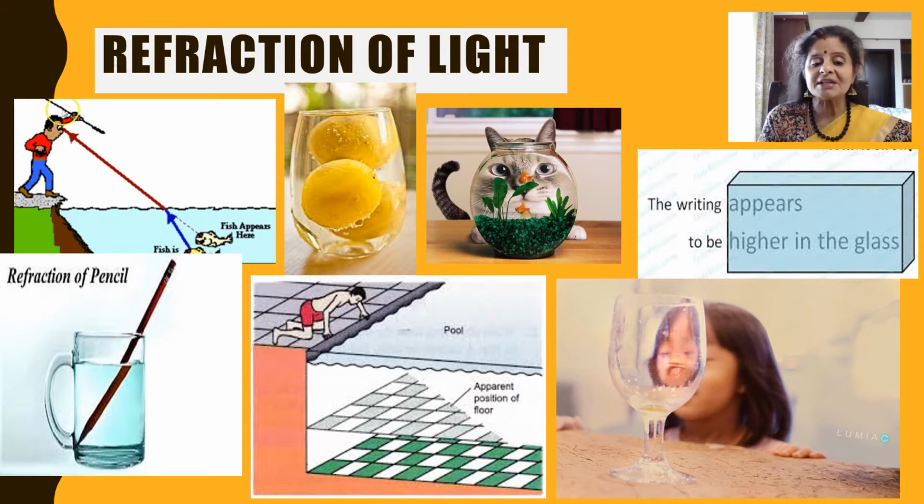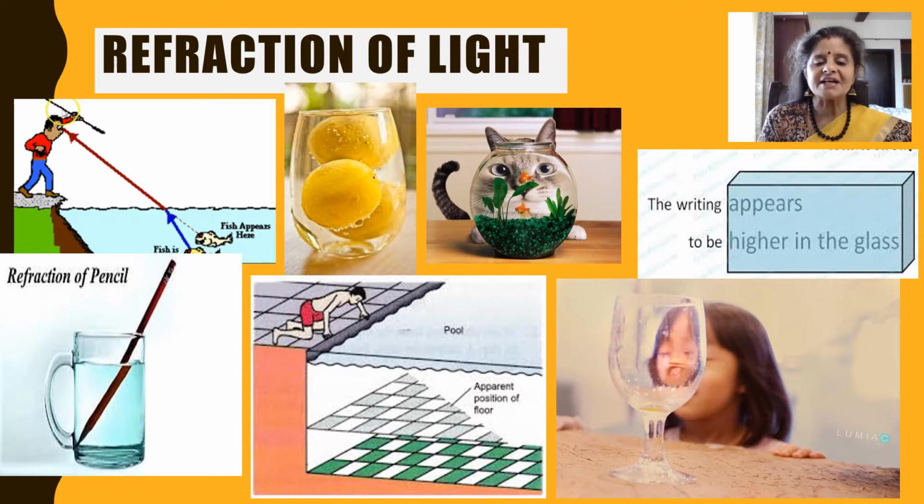That's why the pencil looks to be displaced at the interface of air and water. For similar reasons, the letter appears to be raised when viewed through the thick glass slab.